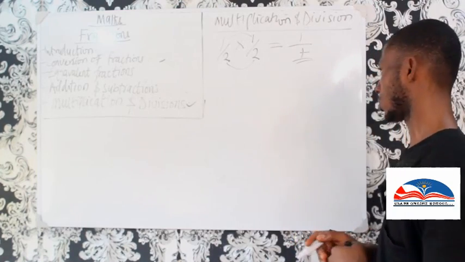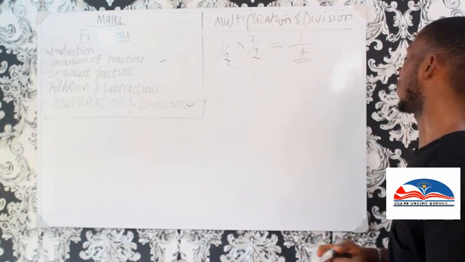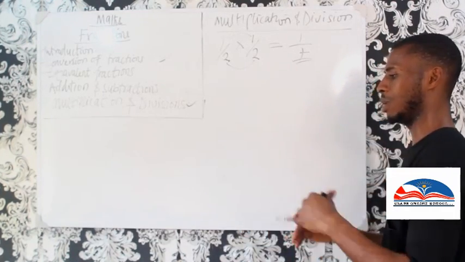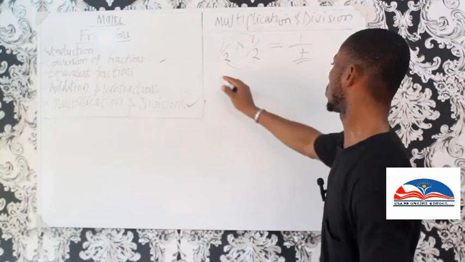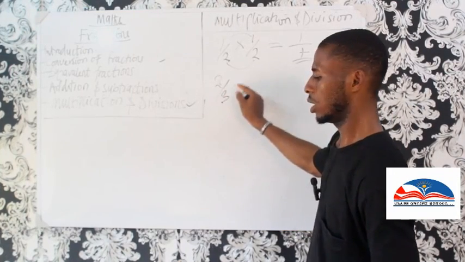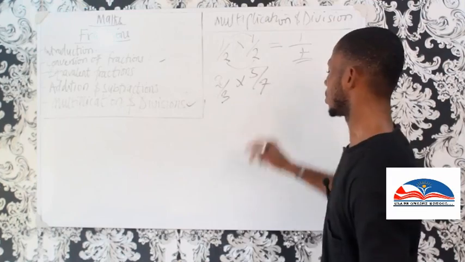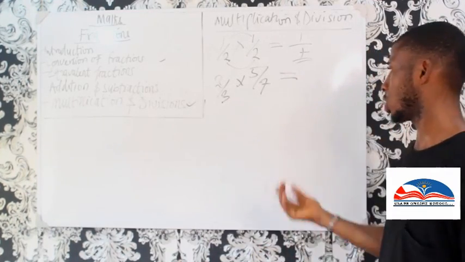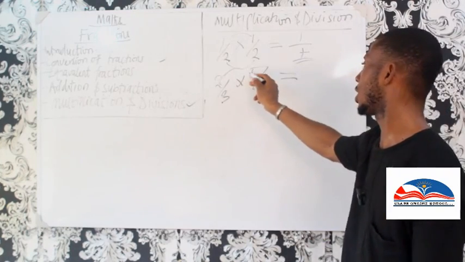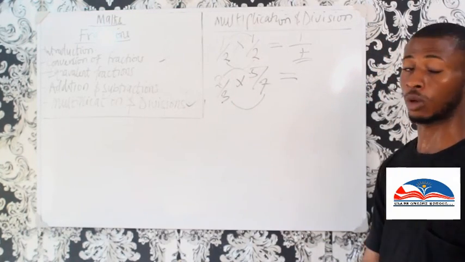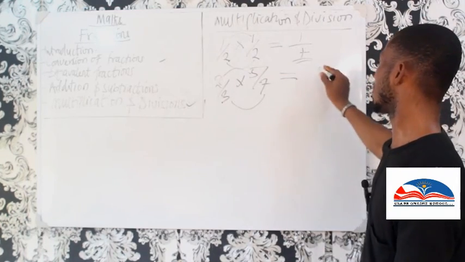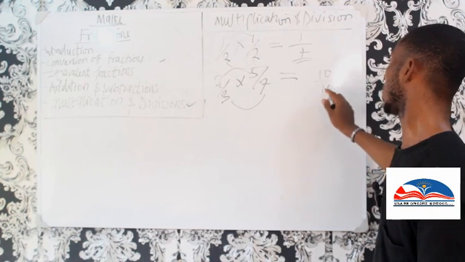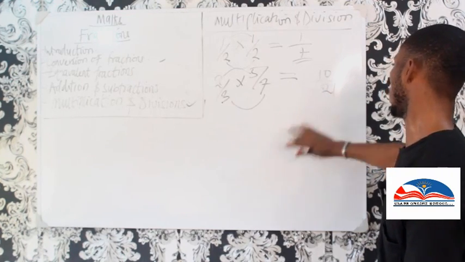Now, what if we have numbers that do not concern half, maybe some numbers like 2/3 times 5/7. What do we do? At this point, like I told you, the numerator multiply the numerator, denominator multiply the denominator. 2 times 5 is 10, 3 times 7 is 21.